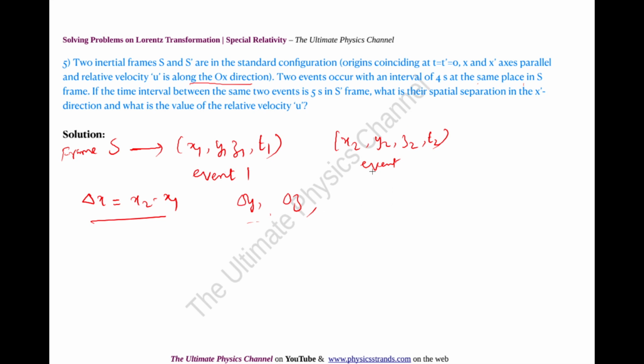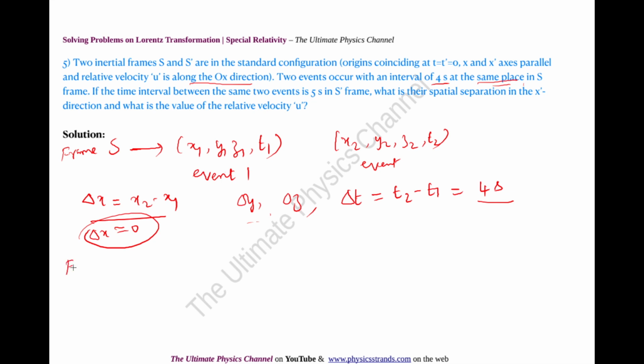And then there is a time difference as well, del t, which is t2 minus t1, and that is given here as 4 seconds. It is occurring at the same place, so del x is equal to 0. So del x is 0 and del t is 4 seconds. This is for frame S.